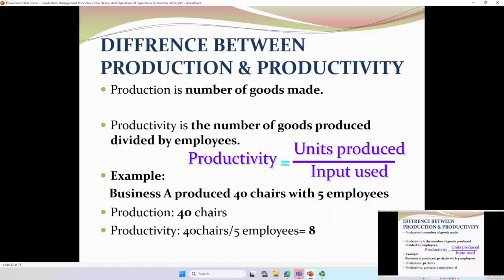I want two chicken and one whatever. Okay, you started, right? I serve you. The time to serve you, the time to serve everyone here, and the number of people I served can be used to measure the productivity.